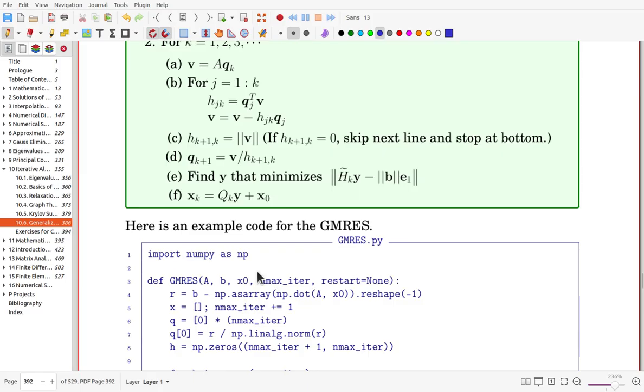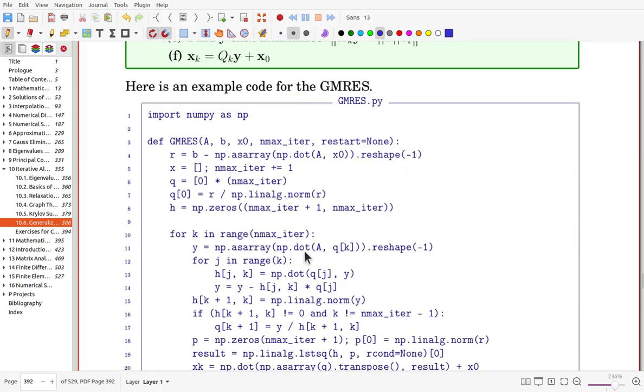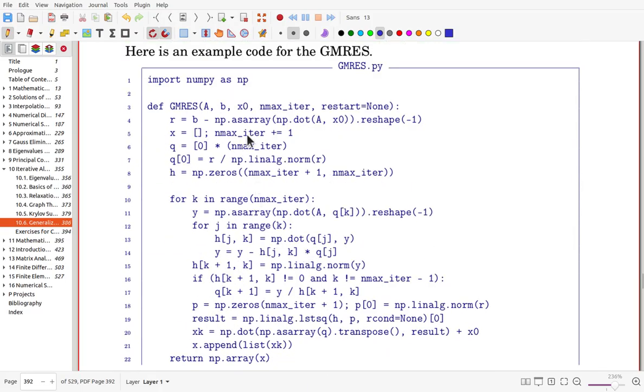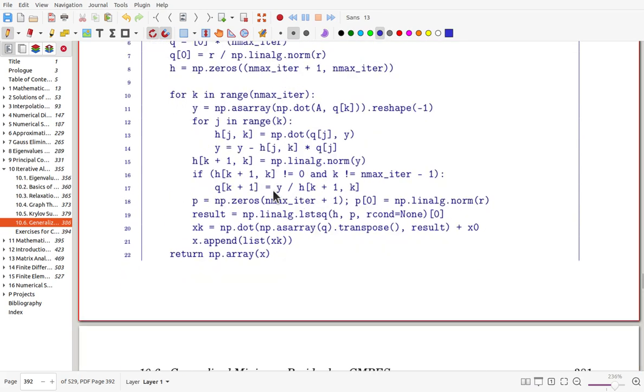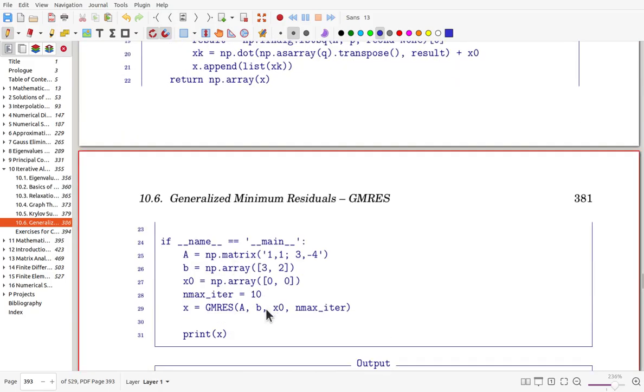Now in Python, I made a program, and here I'm following exactly this new form, and at the end x0 is added, and I try to save each iterate, and at the last moment change it into NumPy array form, and then print it out.